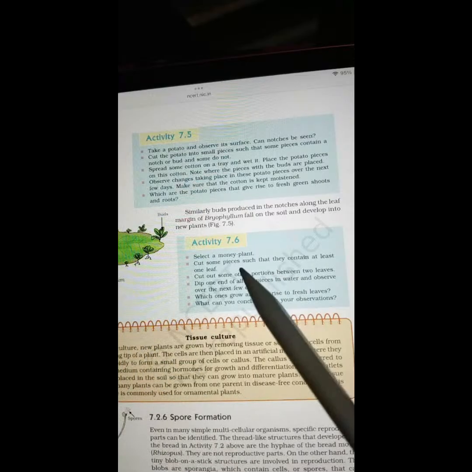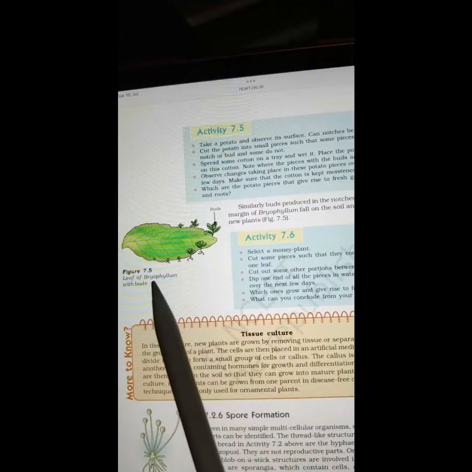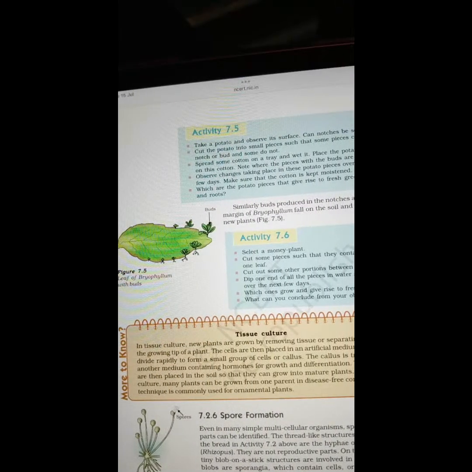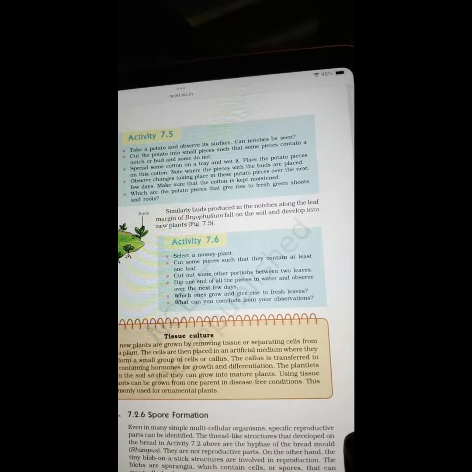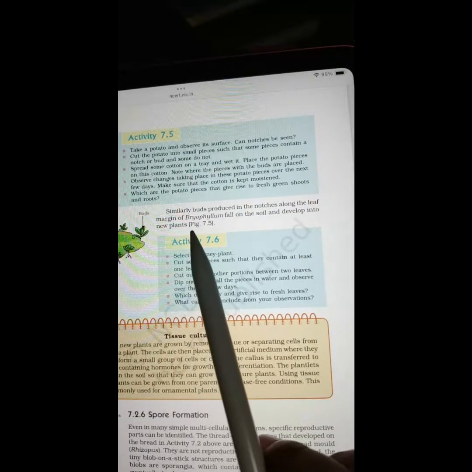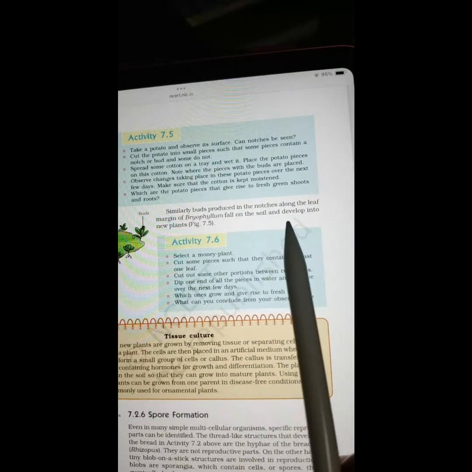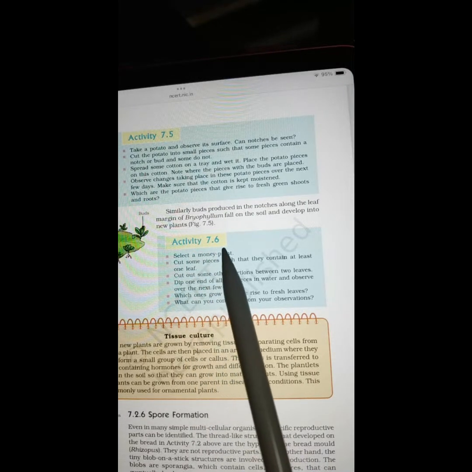So this figure here, figure 7.5, is showing you reproduction, vegetative propagation with the help of leaves in Bryophyllum. Similarly, buds produced in the notches along the leaf margin of Bryophyllum fall on the soil and develop into new plants. Activity 7.6.